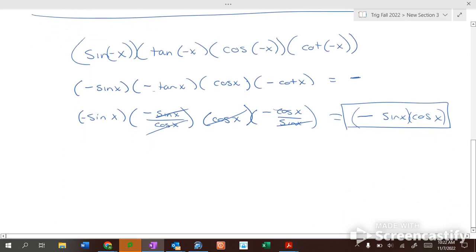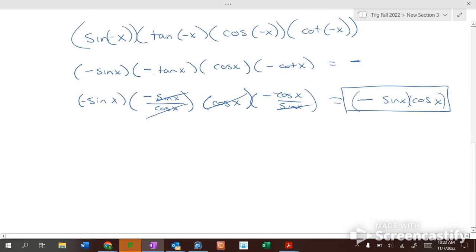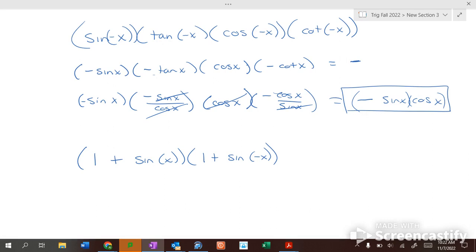Okay. Let's do another one. When you see this, what are you going to think? When you see two sets of parentheses like that with addition or subtraction in between, what do you think?